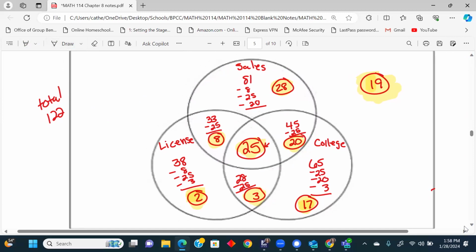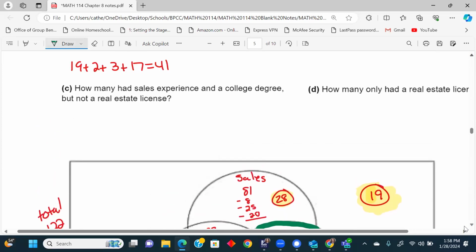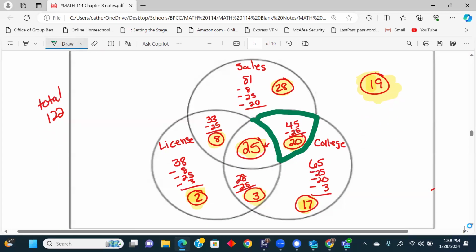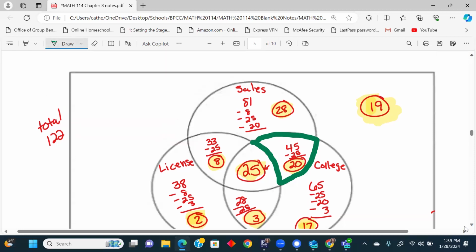So this is right here. Let me double check that. Okay, so it's the overlap of sales and college. We're not including the middle because that includes an overlap of the license. So that's 20.